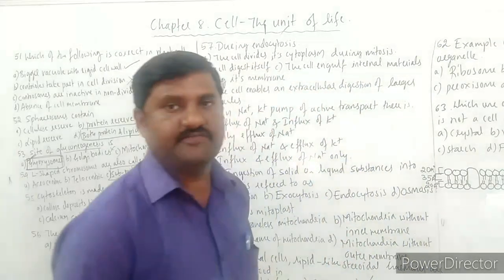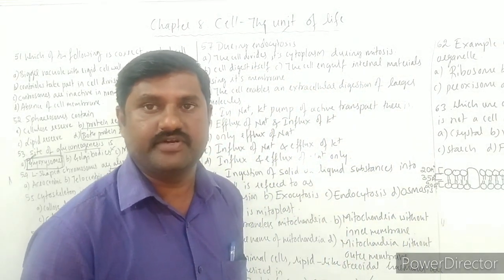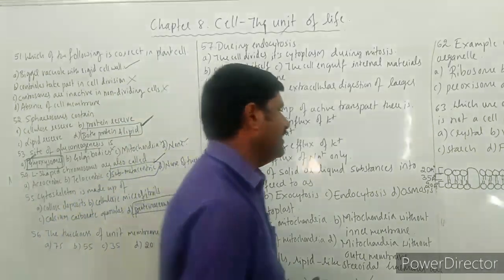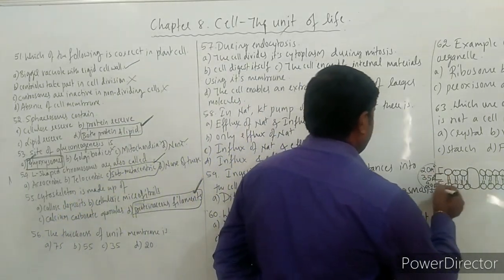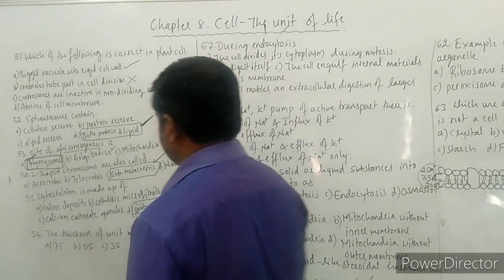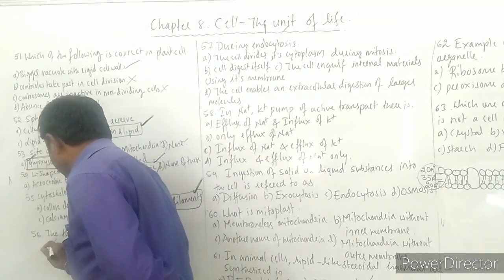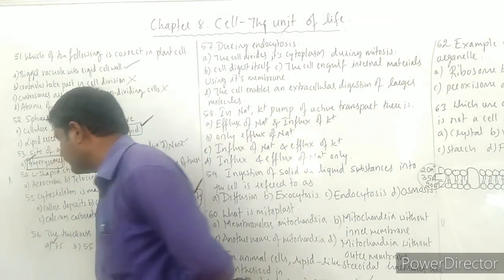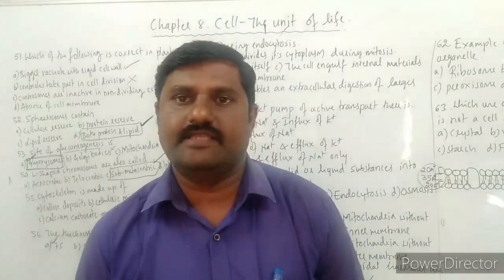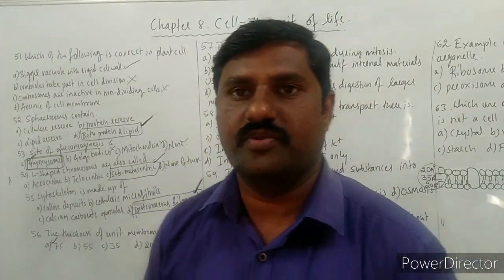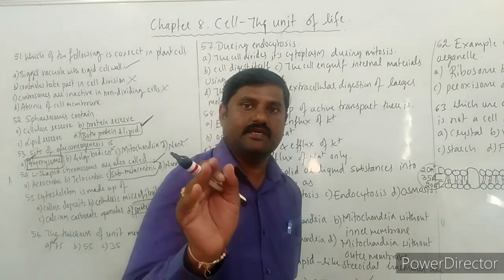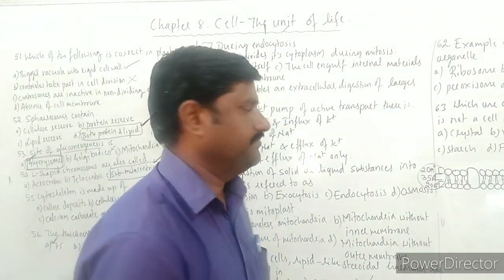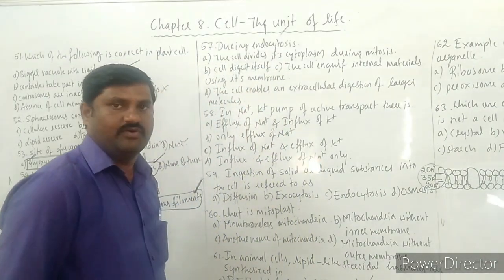Totally 20 plus 20, 40, plus 30, 70, plus 5, that is 75 angstrom in thickness. That's why the correct answer for this question is option A, 75 angstrom. Next question we shall go.